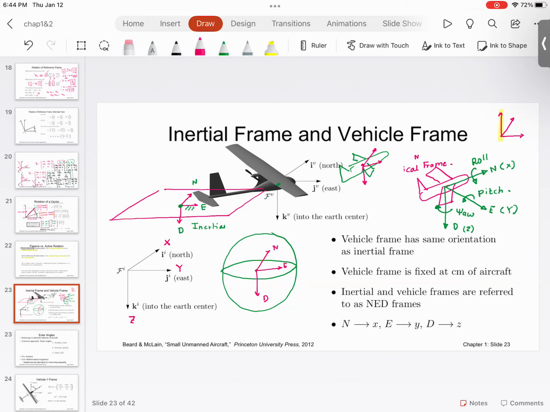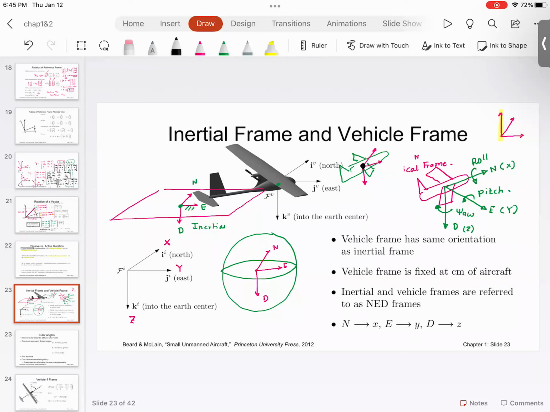For the time being, think about it like you have a center of the aircraft, maybe a sphere representing the center of mass of the aircraft. And you just did a pure translation of the inertial north-east-down frame onto the CG of the aircraft. Everyone understood this? There is no rotation. The frame number 2 right now, which I'm showing attached to the aircraft, is in the same orientation as the north-east-down inertial frame. Everyone understood this?